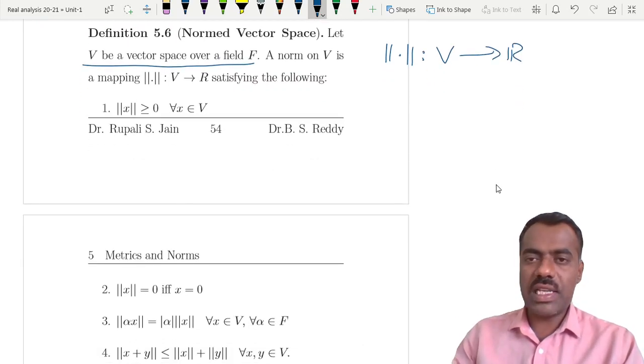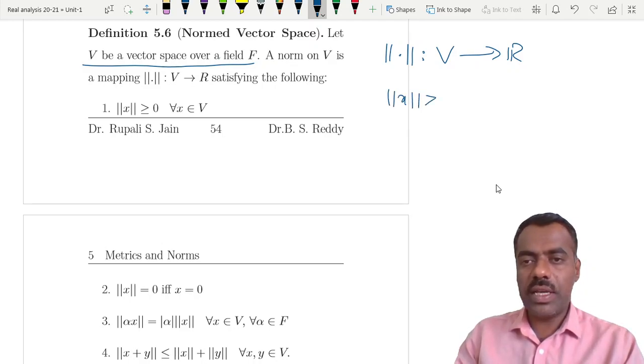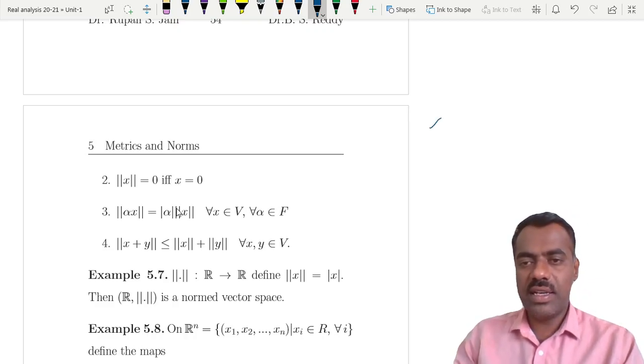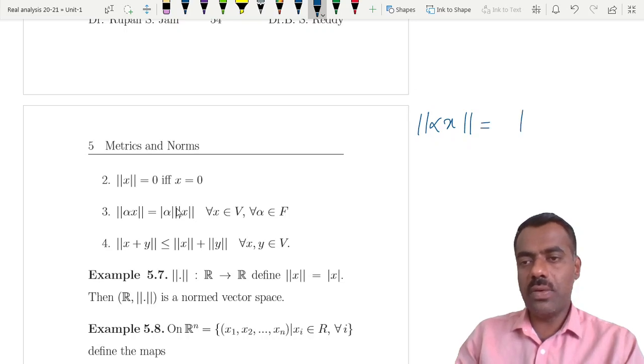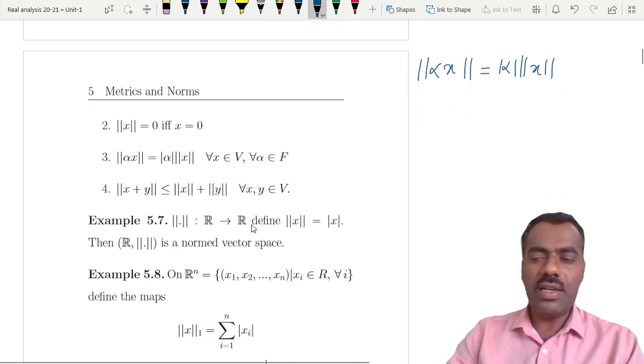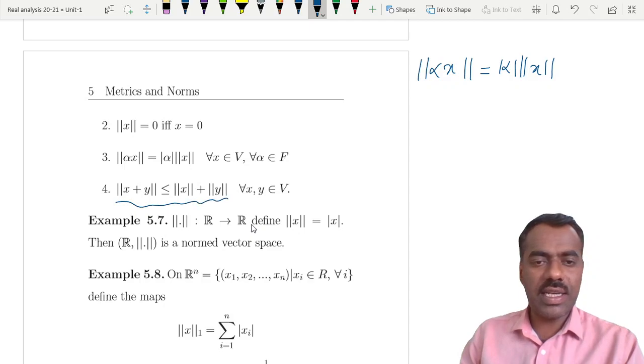So this is just like the length of that vector, so obviously it should be greater than or equal to 0, and the norm of x is equal to 0 if and only if x is equal to 0. And if you take alpha x, alpha times x, where alpha is a scalar, and you find its norm, this should be equal to the modulus of alpha times the norm of x. And the fourth condition is the triangle inequality.